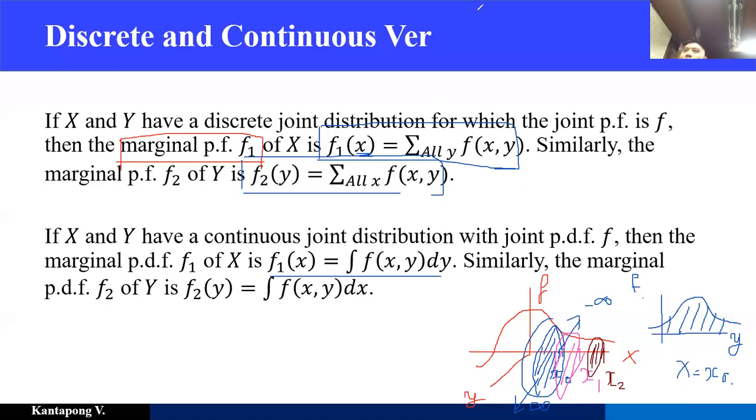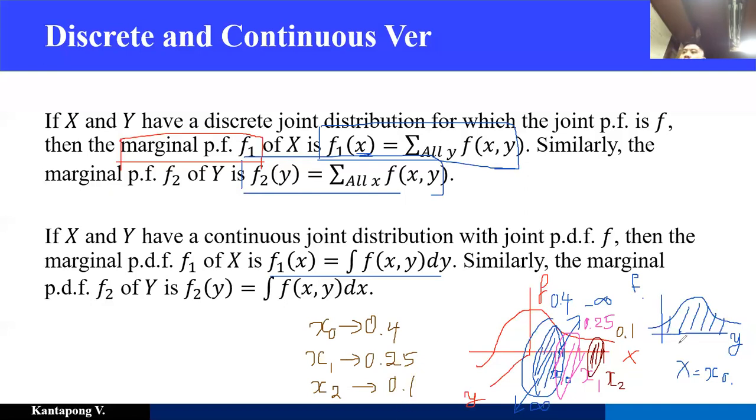So the area, let's say this one is equal to 0.4, the pink one is 0.25, and the brown one is 0.1. So let's say we map x0 to 0.4, x1 to 0.25, and x2 to 0.1.